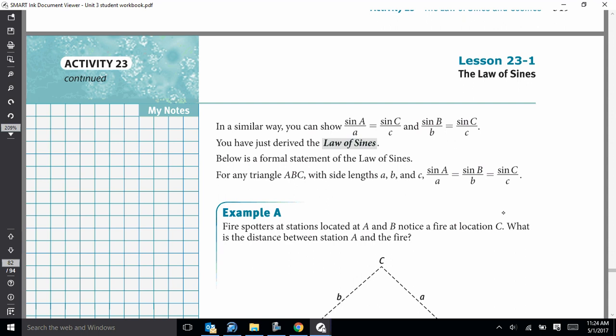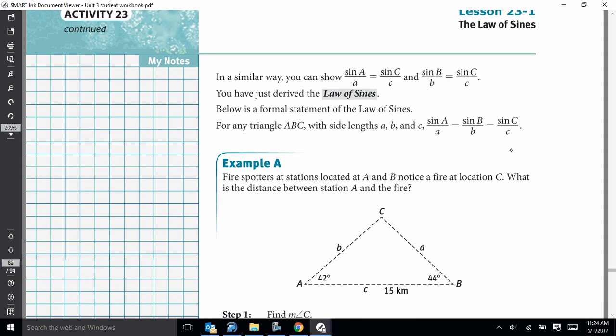So what we just did is we proved the law of sine, and what the law of sine says is that if we are given a triangle ABC, and we have an altitude cutting it into different right triangles, we have sine of angle A over side length A equals the sine of angle C over side C. And then we have sine of angle B over B equals sine of angle C over C. So this right here is the law of sine.